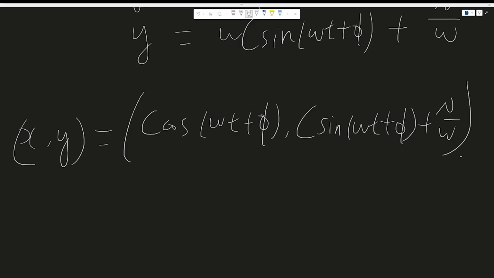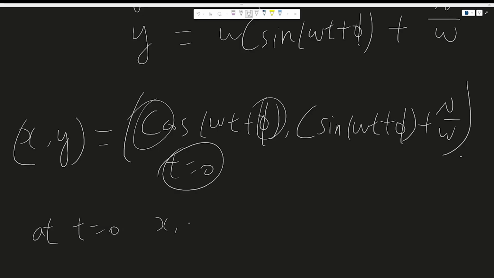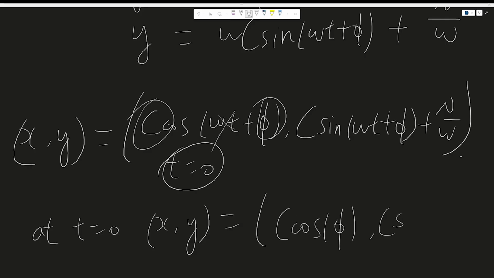And remember I said we need to find these based on the initial conditions. So let's try to do that. How can we do that? Well, let's see what happens when time equals 0. So this is the initial condition at t equals 0. So we have x, y to be, if t is 0, we don't have this term, so it'll just be c cosine phi, comma, c sine phi plus v over omega.